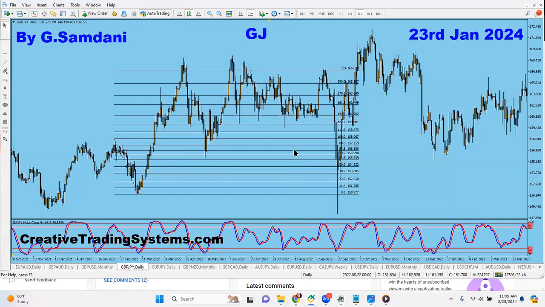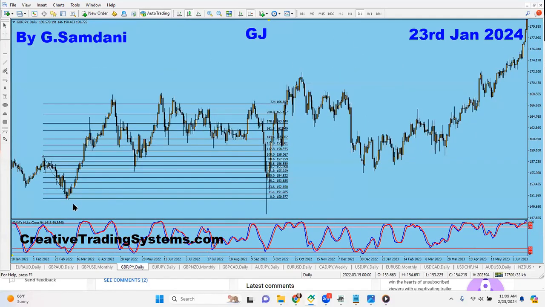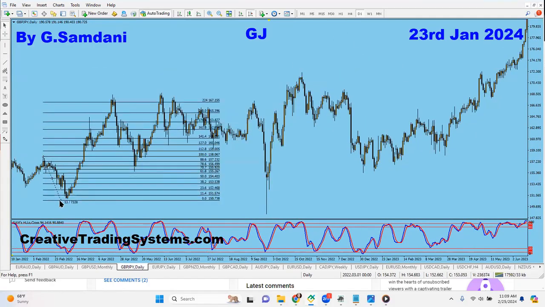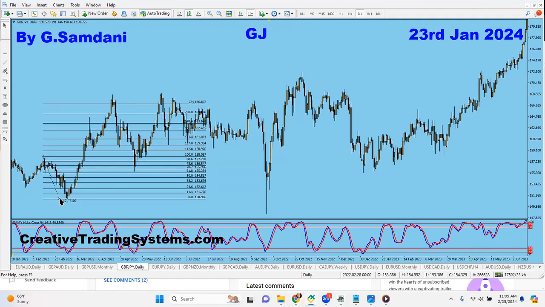So here in this tool, let me draw this and bring it close. You can see 127 is right there, and 161 is right there. It poked into 161, then dipped a little bit, and then went even further to the upside, right?